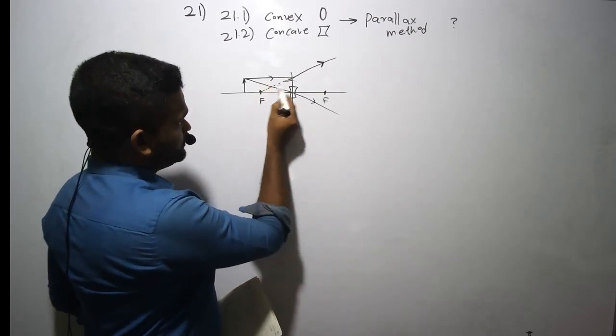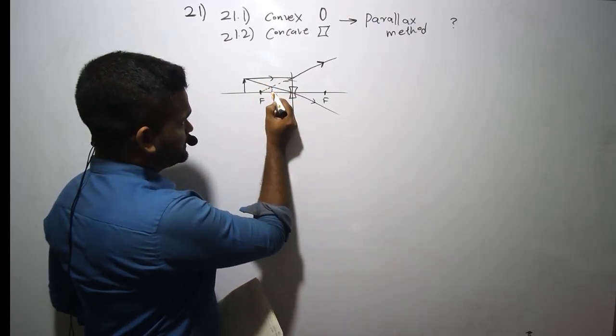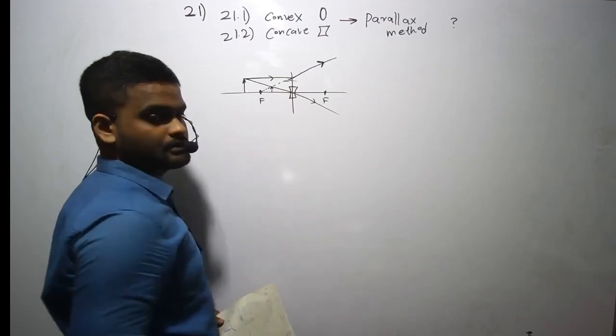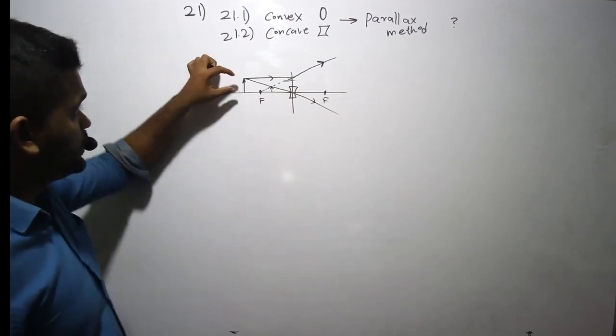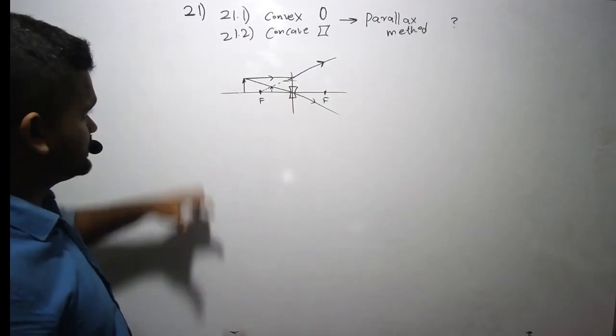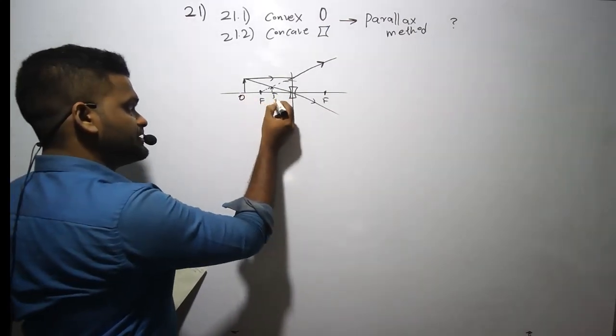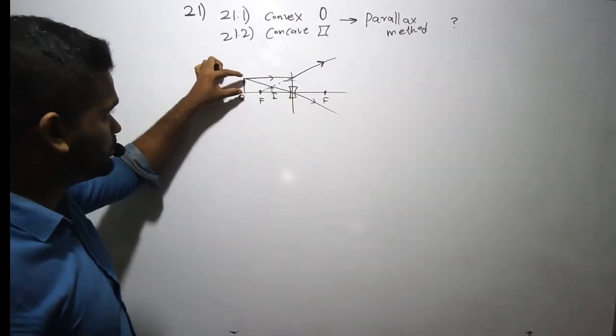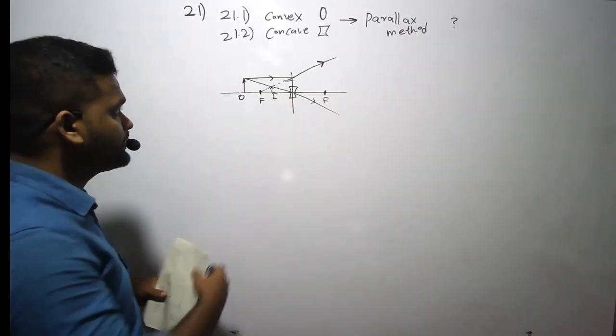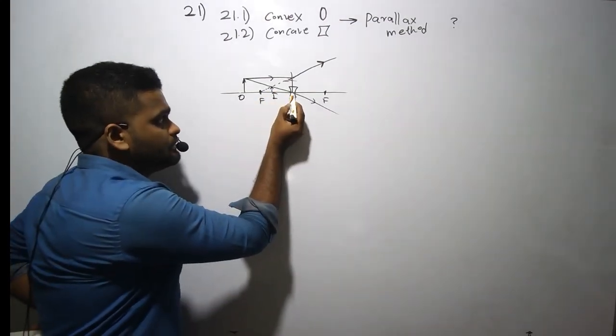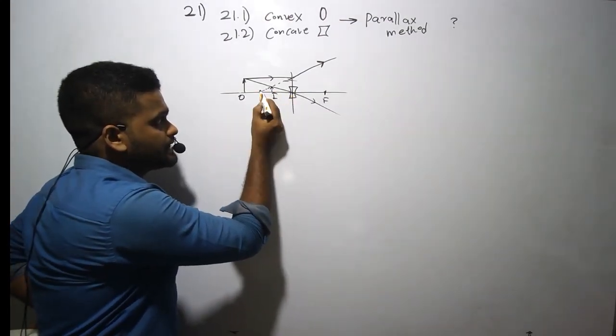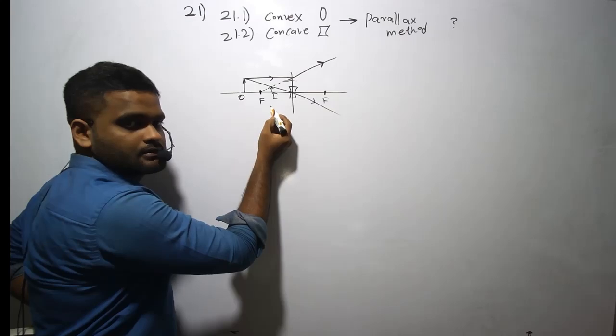The meeting point of these two rays creates a virtual image. No matter the position of the object, this is the object, this is the image, you can always see the image is formed only between the center of the lens and the focus. Got it?